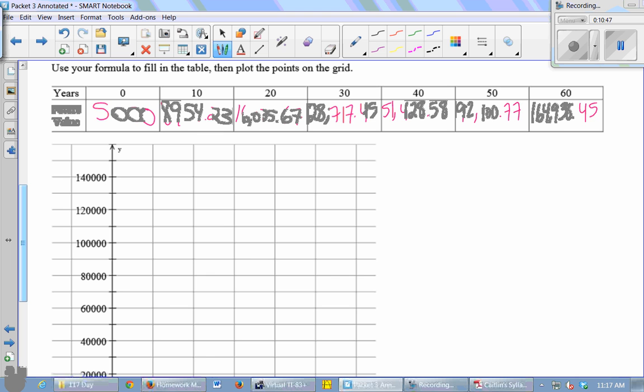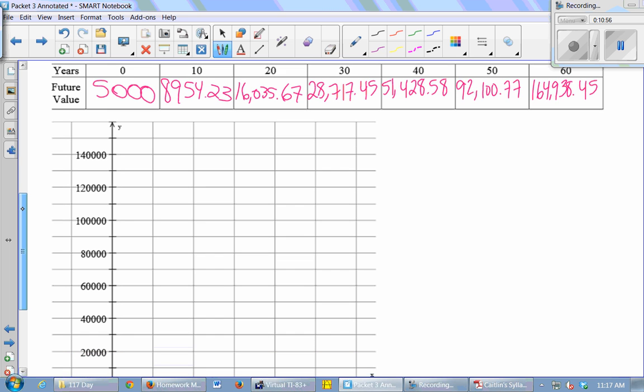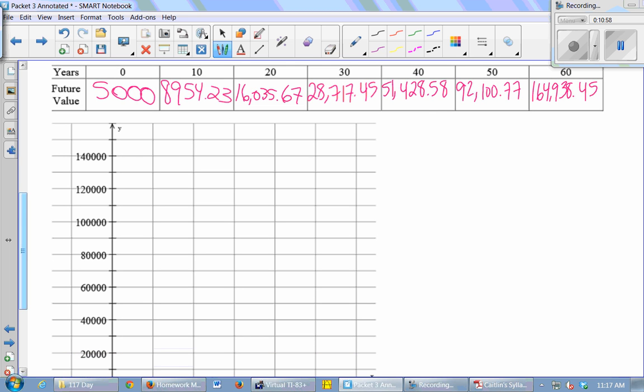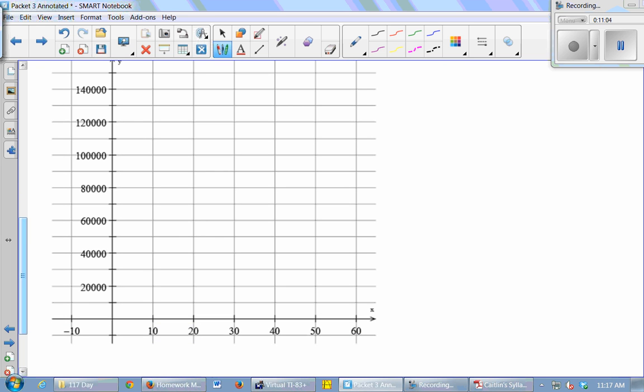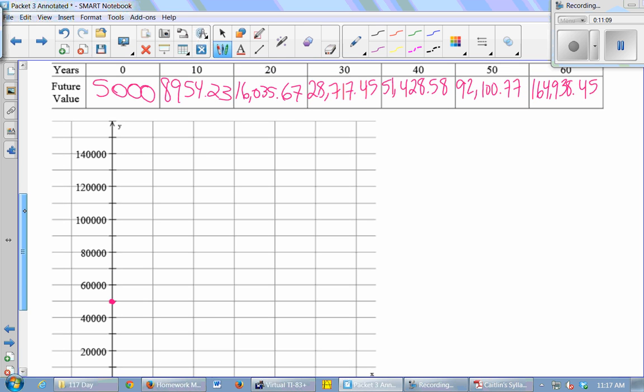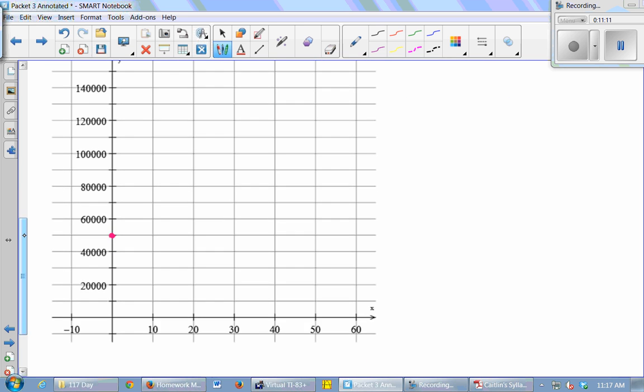So I want to plot these points. I'm going to have time on the x-axis and the value of my account on the y-axis. And I'm going to plot all these points so I can see how fast this is growing. So 0 is 5,000. And then I've got 10, about 9,000.